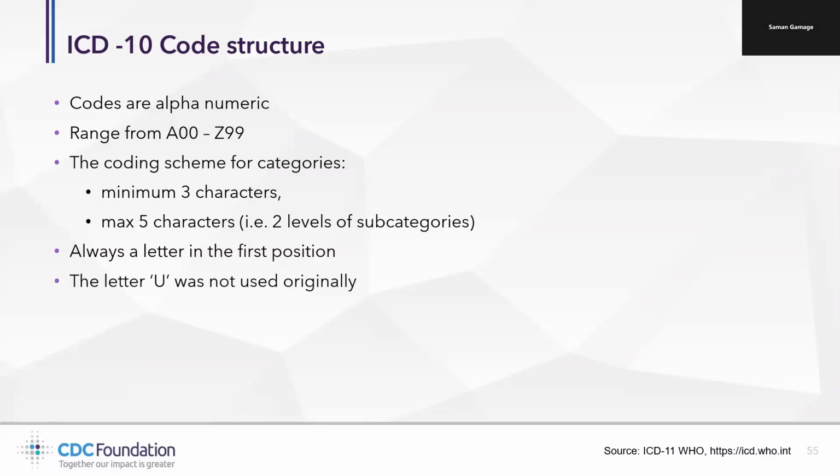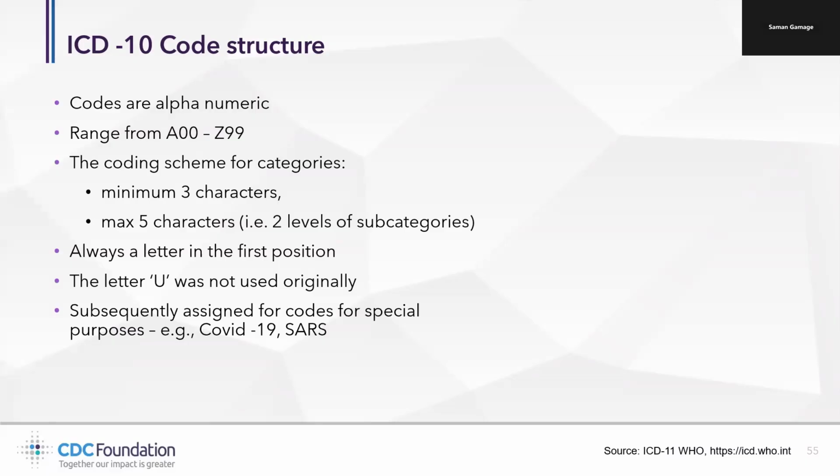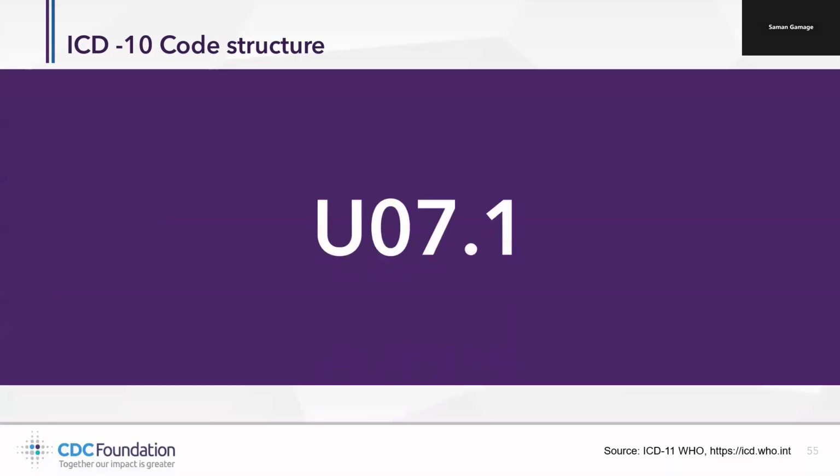The letter U was not used originally, subsequently assigned for codes for special purposes under Chapter 22, for example, the codes for COVID-19 and codes for SARS. So here is an example code, U07.1, which is the code for laboratory confirmed COVID-19.